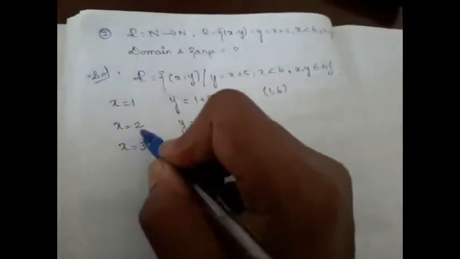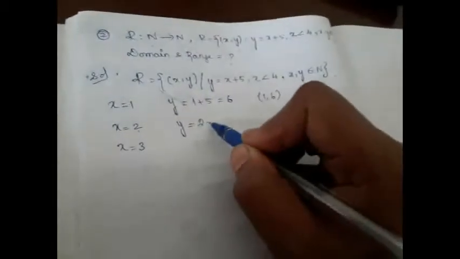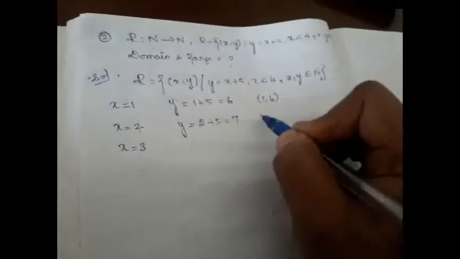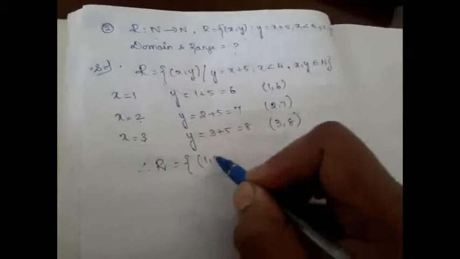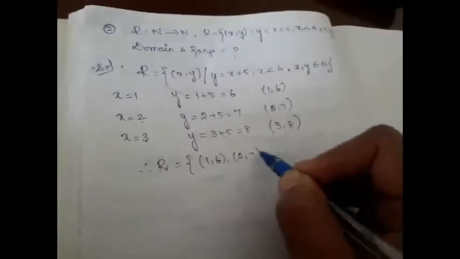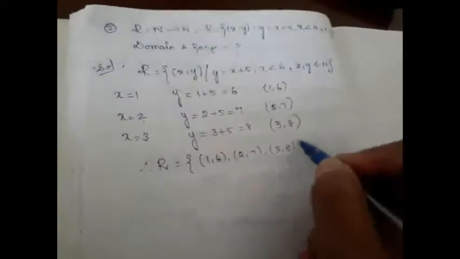Y is equal to, now your x value is 2. So 2 plus 5 which is 7. So your next ordered pair is 2 comma 7. Then y is equal to 3 plus 5 which is 8. Now your next ordered pair is 3 comma 8. Therefore R will have only 3 elements, 1 comma 6, 2 comma 7 and 3 comma 8.